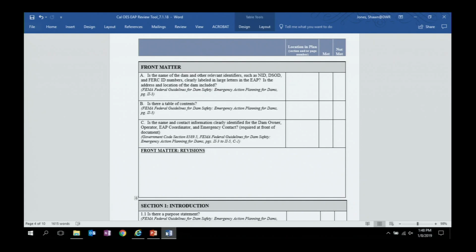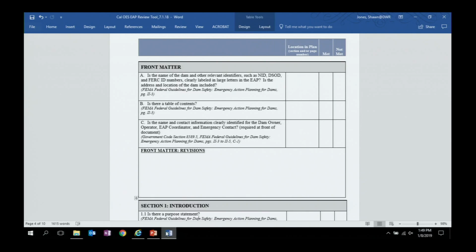Everyone should have an NID number assigned to their dam. There should be your DSOD number and your FERC number, clearly labeled in large letters so we can see it clearly. Also, do you have a table of contents in your EAP?